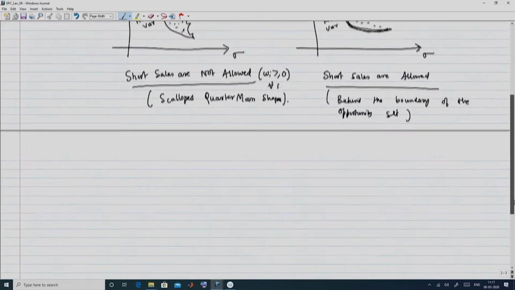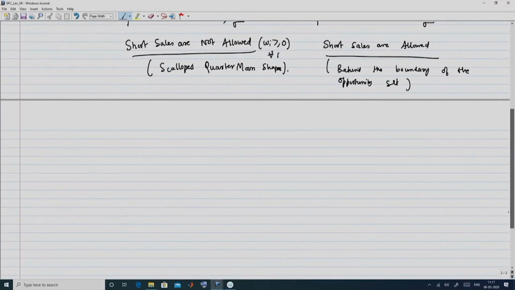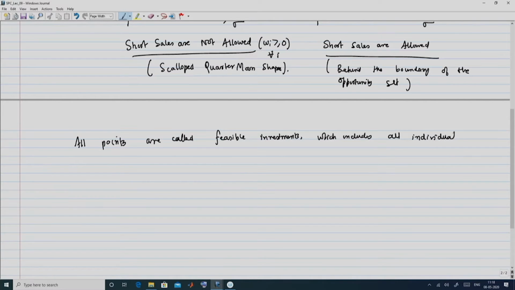So, once you are done with this graphical representation, we can make the observation that all these points that I have plotted, which are actually infinite in number, are called feasible investments, which include all individual securities, that means you could have a portfolio of just one asset, that is also a legitimate portfolio in the opportunity set, and all possible combinations of portfolios in general.